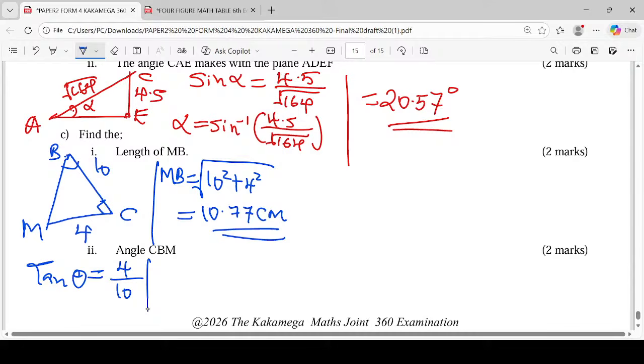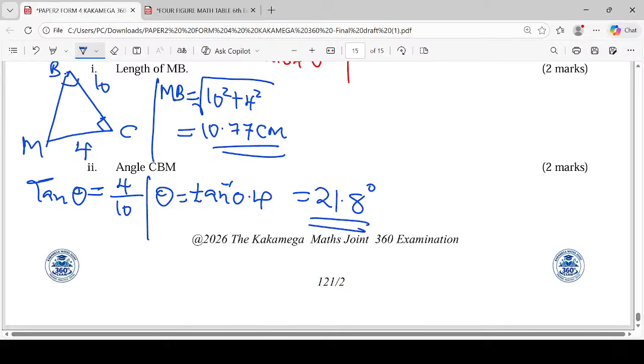So my theta will be the tan inverse of 0.4, which is 21.8 degrees. So that's how you respond to questions in this question paper.